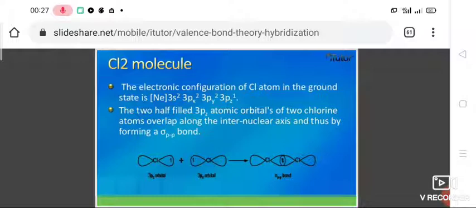So the two half-filled p atomic orbitals of the two chlorine atoms overlap. Here, the 3pz has only one electron, and the other chlorine also will have 3pz1. So the pz orbitals overlap and form a sigma bond along the internuclear axis, thus forming a sigma pp bond.